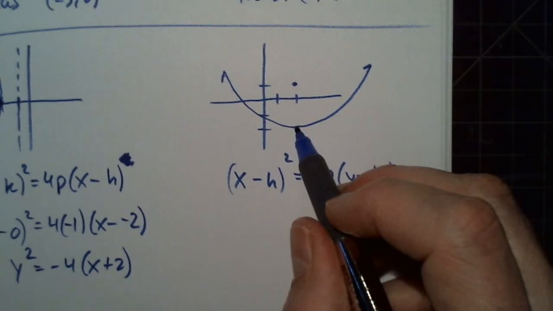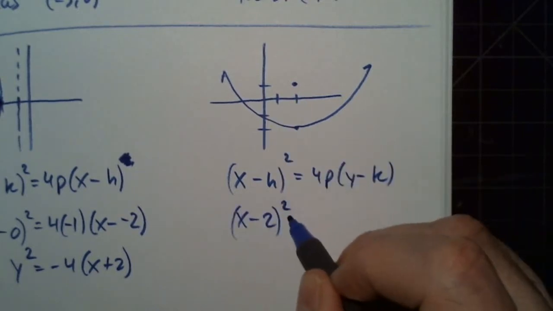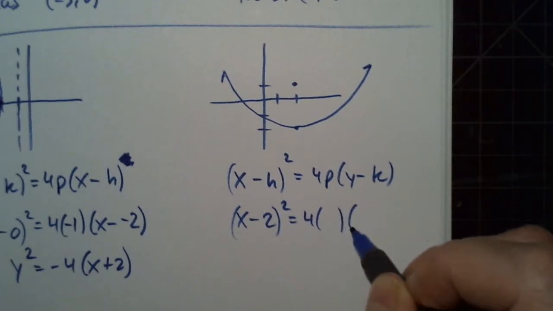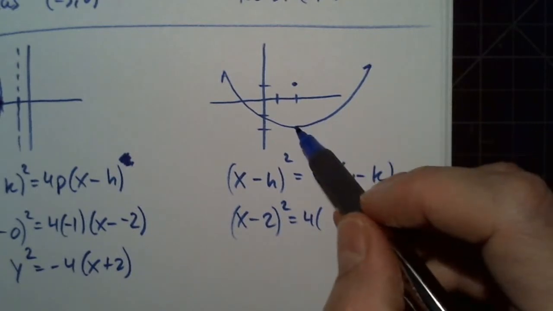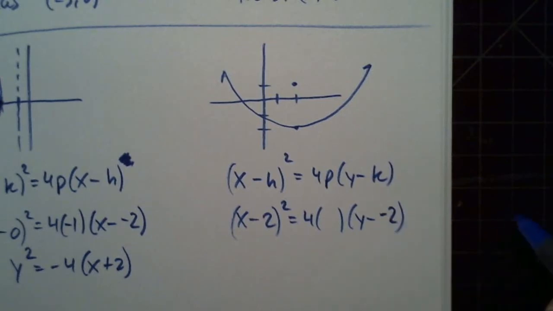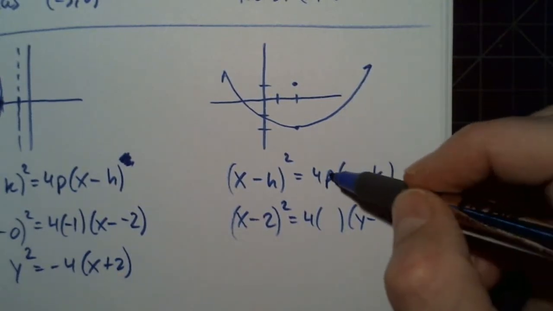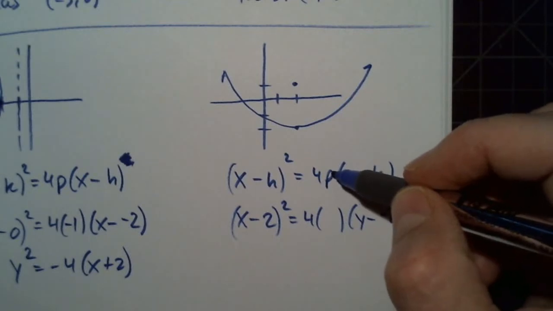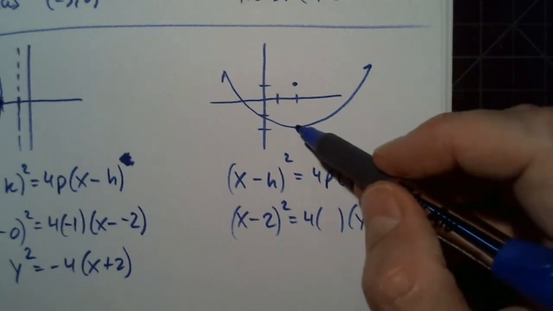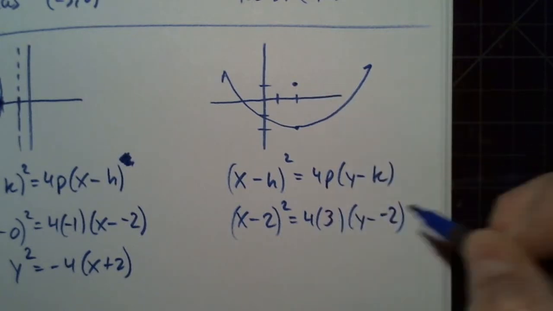Horizontal shift of the vertex is 2. The vertical shift of the vertex is down 2. And P is the distance and direction to the focus. Here we move 1, 2, 3, so it's 3 there.